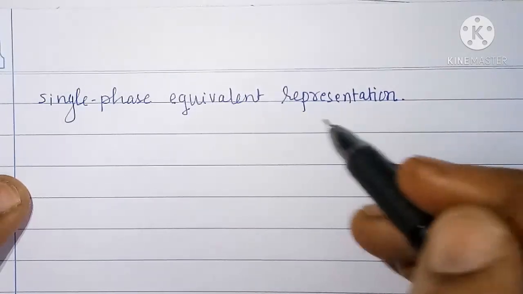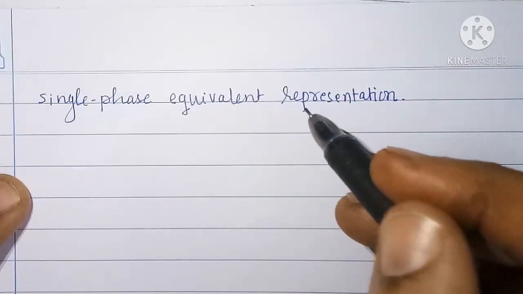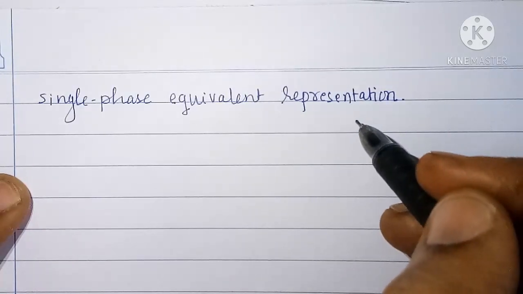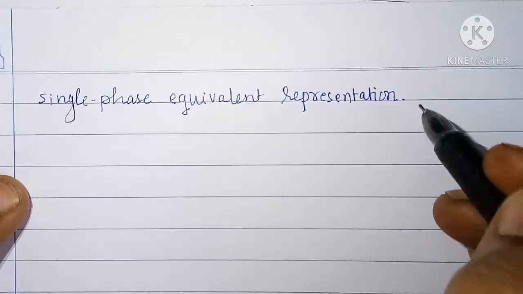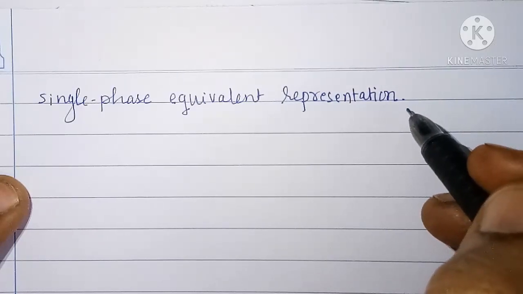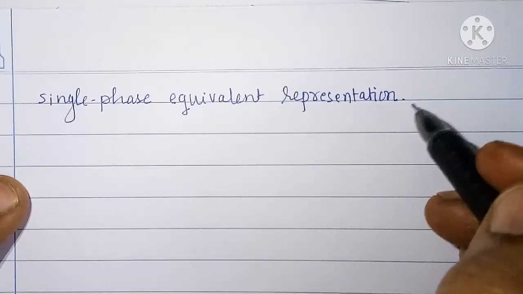But for analysis purpose here, we will be taking all the per phase values, that is voltage per phase, current per phase, resistance per phase, and so on.